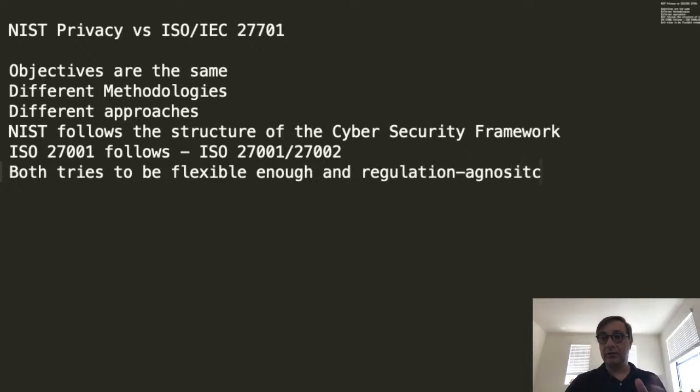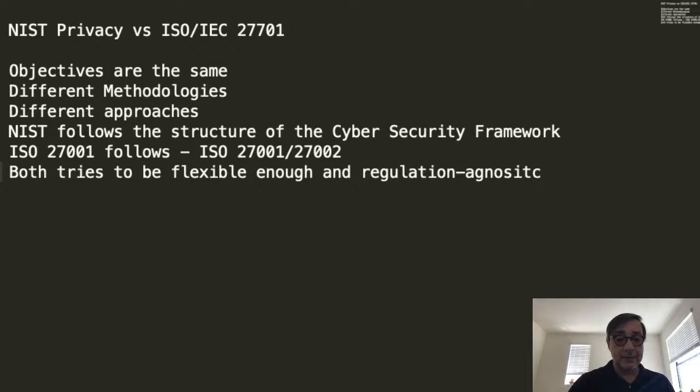I know that the ISO tends to be a little bit closer to the GDPR, but when it was designed, it did not intend to be just mapped directly to the GDPR. It helps with GDPR because I think it's more preeminent in Europe, but the ISO can go beyond GDPR and it can map to any other privacy regulation that you may have. Okay, so that is basically the comparison of the two different approaches from the NIST privacy and the ISO.